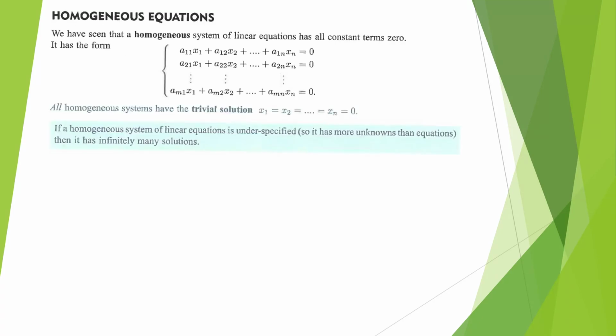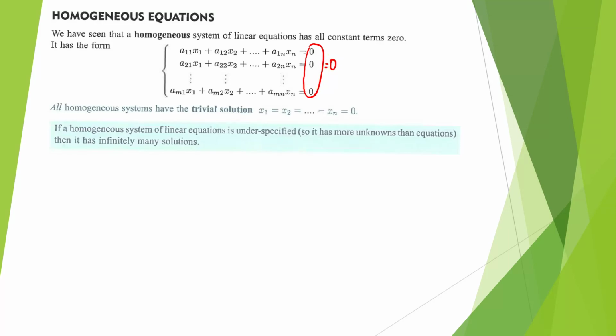And the next, the last point, is the homogeneous equation. We have seen this: a homogeneous linear equation has constant terms equal to 0. So the constants b1, b2 to bn are all equal to 0.